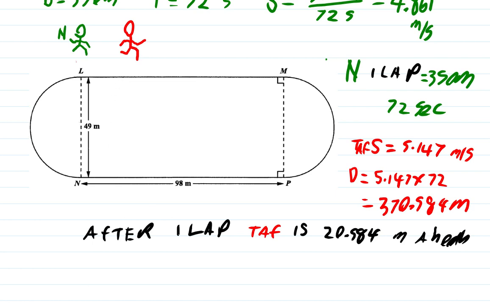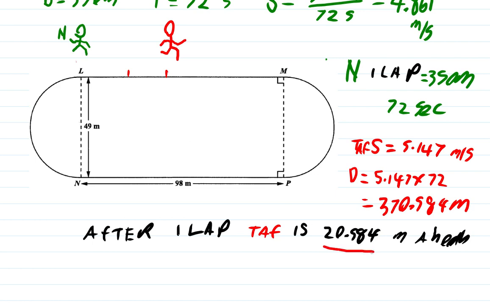Now, that's 1 lap. After 2 laps, Nathan would go around and come right back here. Then Tafari would be twice that many meters ahead after 2 laps, and so on.